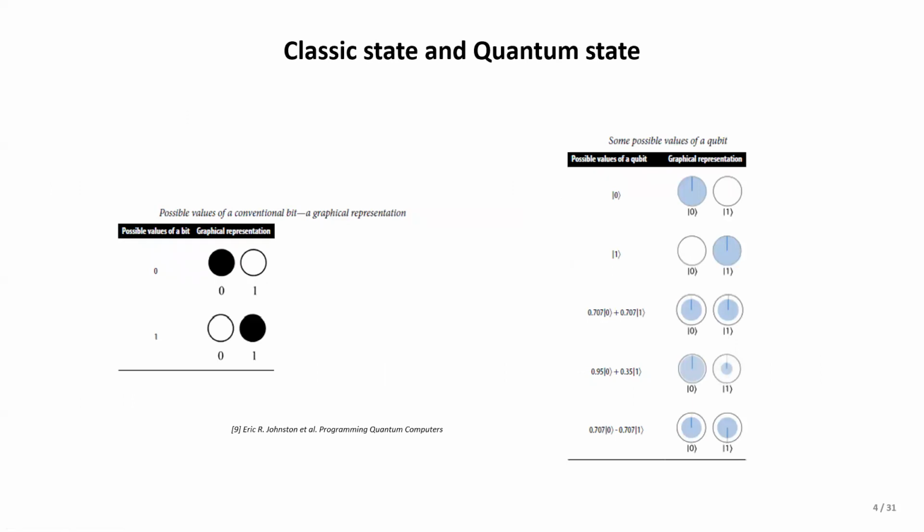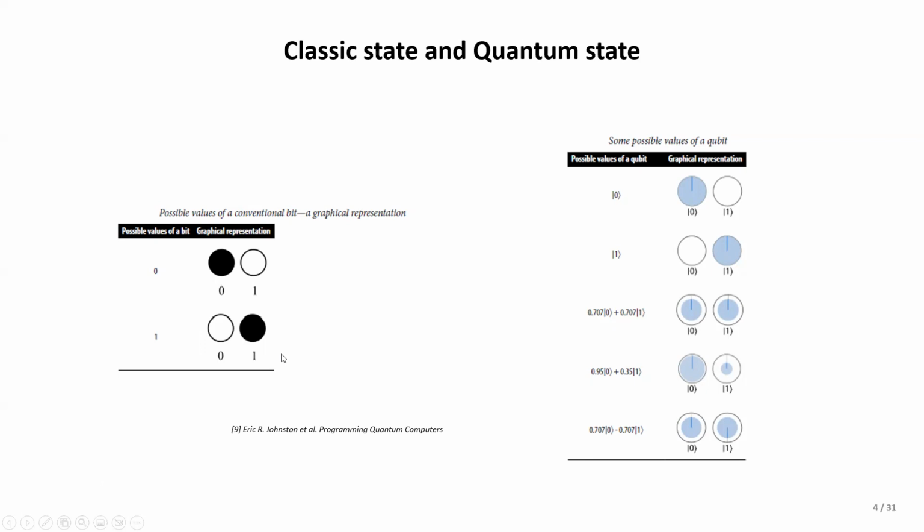But how does it behave and how does it work? As we said, we have qubits in quantum computing. Regarding how qubits work, we know from classical computing that we have two possible values of a bit: 0 and 1. In this figure, the left-hand side presents these values. We have two states.